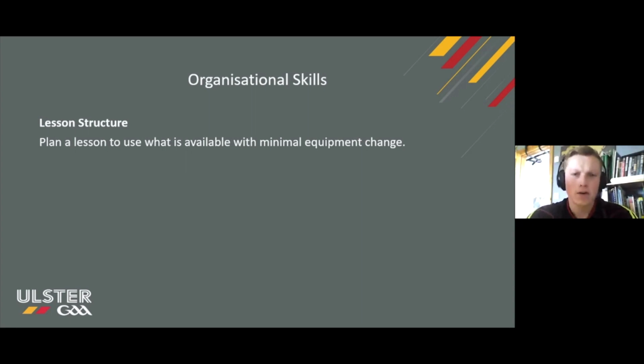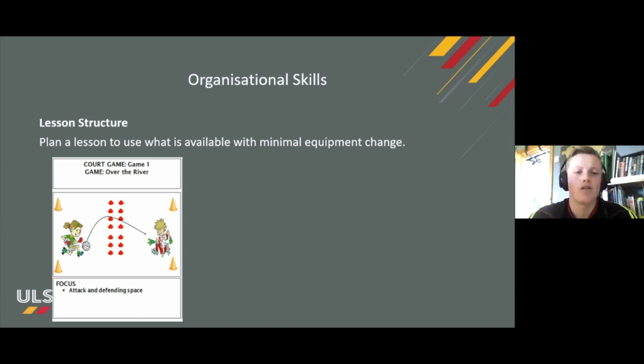Below I'm going to have a few different ideas for you to look at. They're going to be 3 wee games that all link together, but they're using similar equipment and there's minimal change required. Hopefully you can remember back to what type of game it is from Gareth's presentation the first day. The first one is over the river.